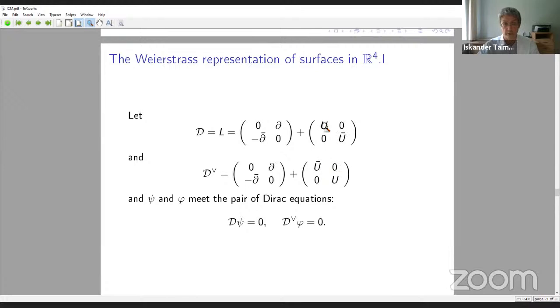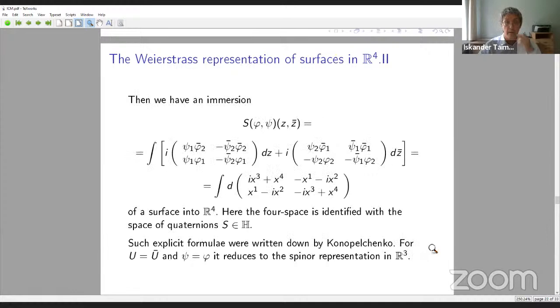Here for D it's U, Ū, for D* it's Ū, U. And take two spinors, ψ and φ, which satisfy the pair of Dirac equations Dψ = 0, D*φ = 0. Then there are similar formulas for immersion of surfaces in R⁴.